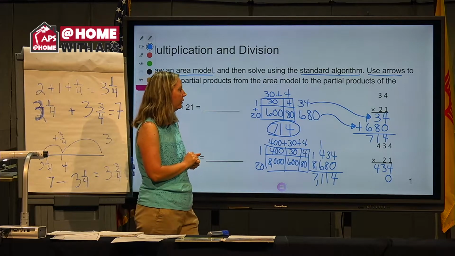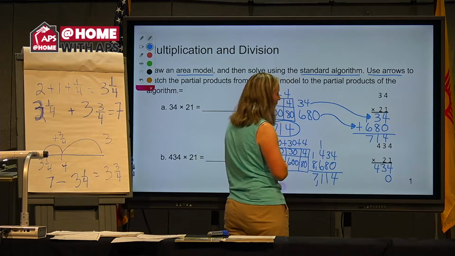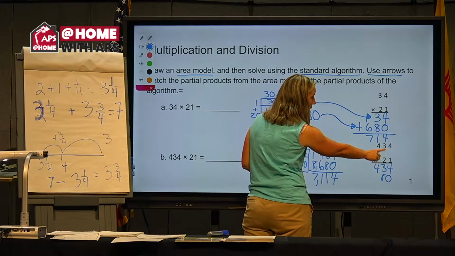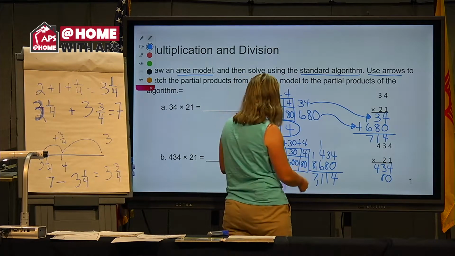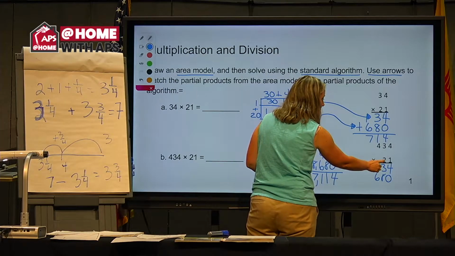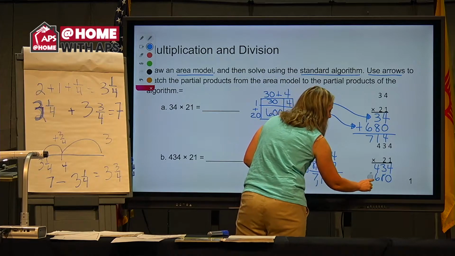All right, so we have 20 multiplied by 4 is 80. 20 multiplied by 30 is the 600. And then 20 by 400 is 8,000.